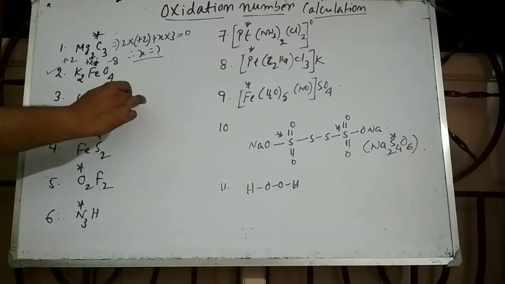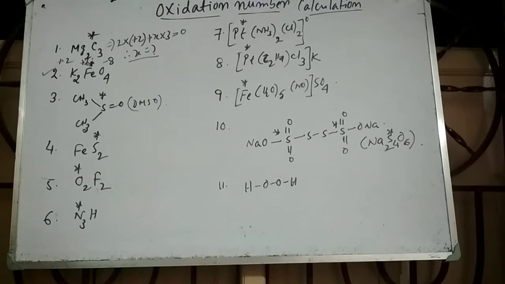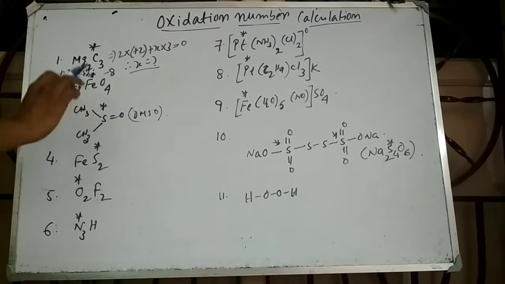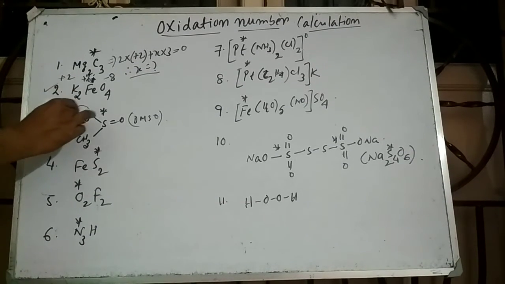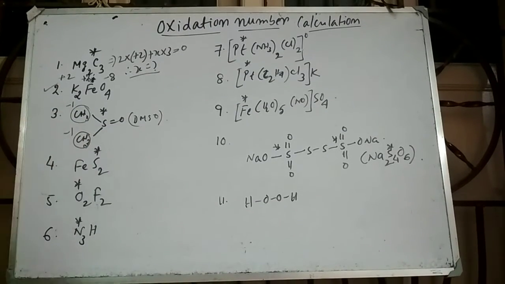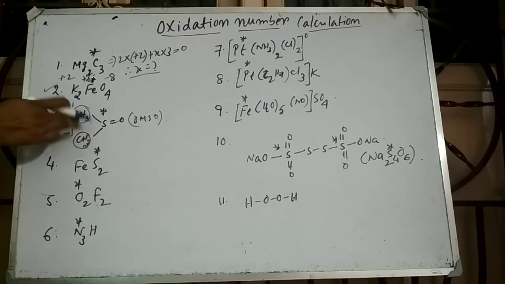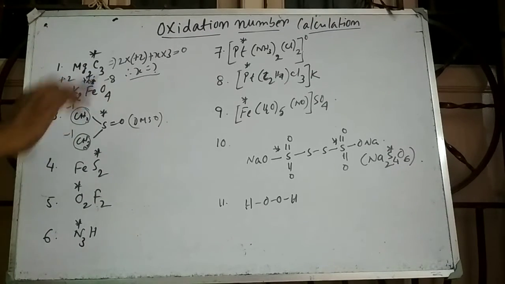This compound is very important, DMSO, that is dimethyl sulfoxide. It has a similar structure to acetone, CH3COCH3, and this is dimethyl sulfoxide. Here each methyl group has oxidation number minus 1, because it can exist as CH3 minus in this compound, 2CH3 minus plus SO2 plus.